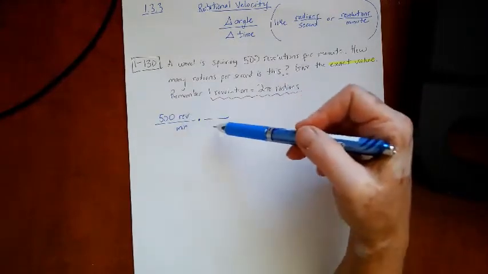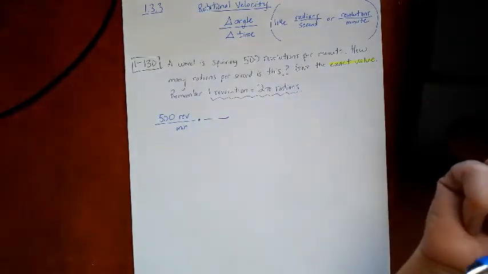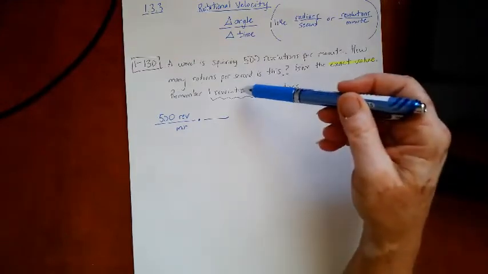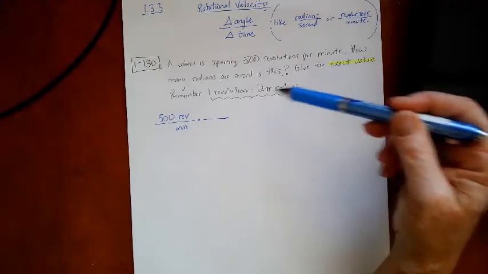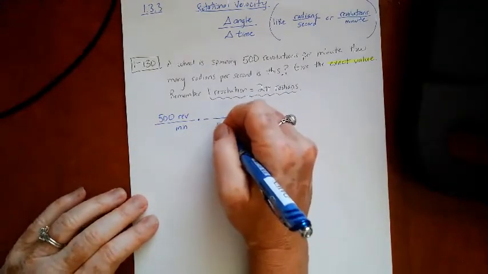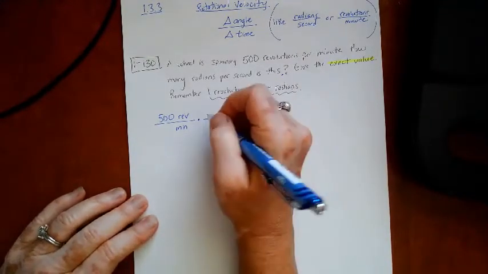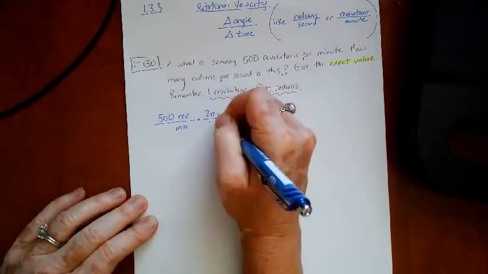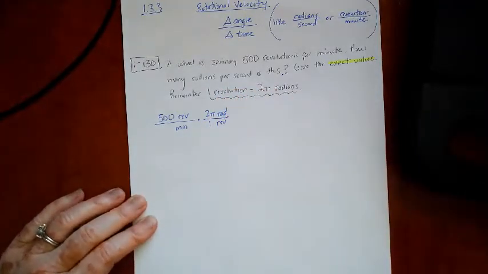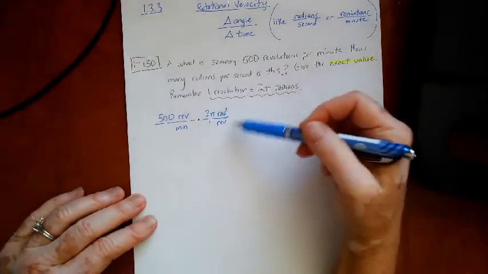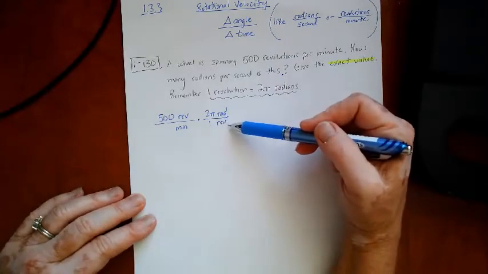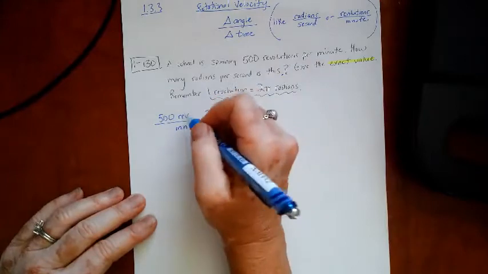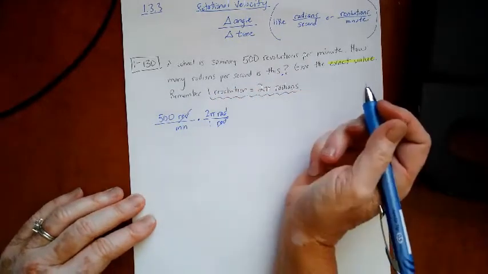I need to go from revolutions to radians, and they just told me that one revolution is 2 pi radians. So I want the revolution on the bottom. One revolution is 2 pi radians. Okay, because this is a unit multiplier, because 2 pi radians is the same exact thing as one revolution. So we're going to cancel that out.